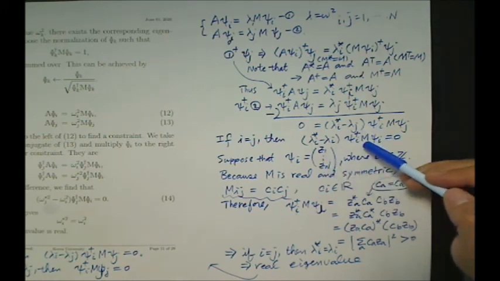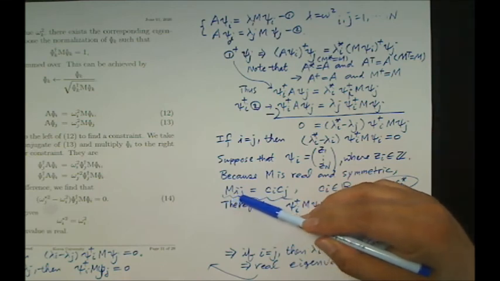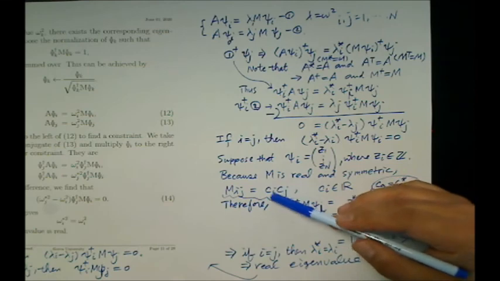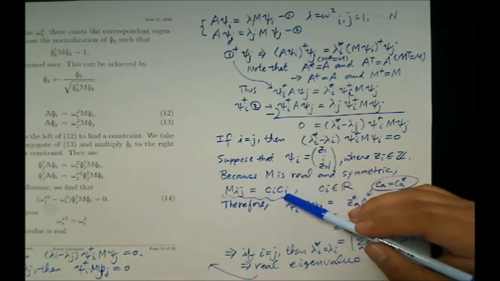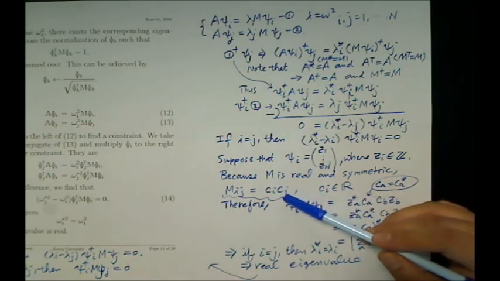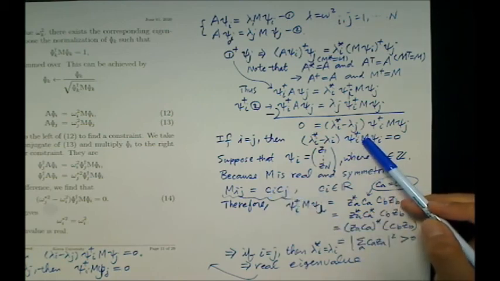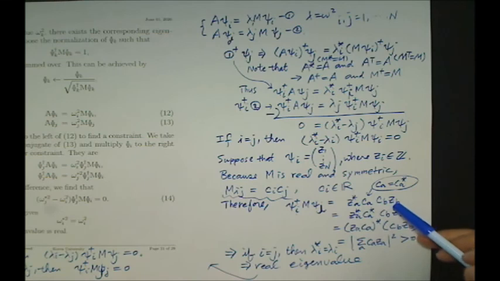Because M is a symmetric matrix, we can always exchange the indices I and j. That means Mij is a product of two numbers, and actually it is a real number. Mij can be substituted in here, and the psi I can be substituted in here.